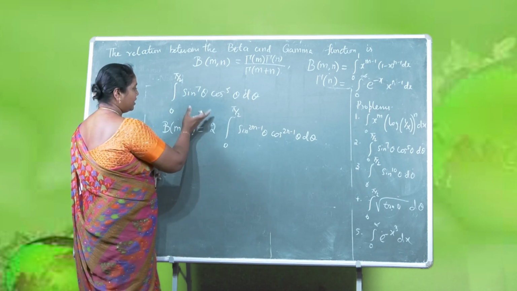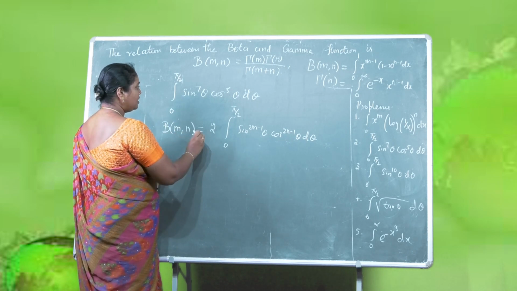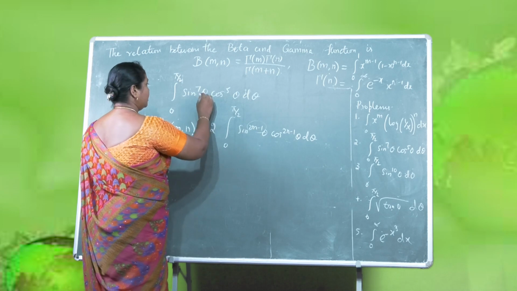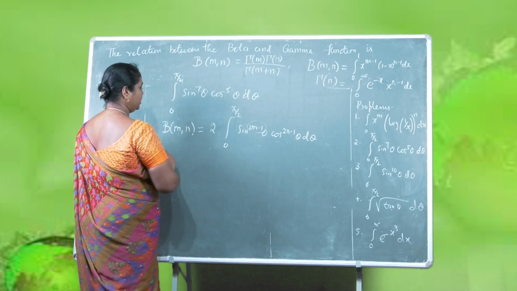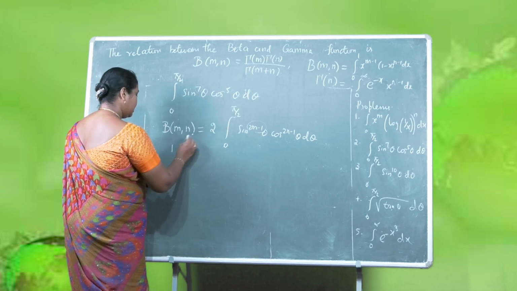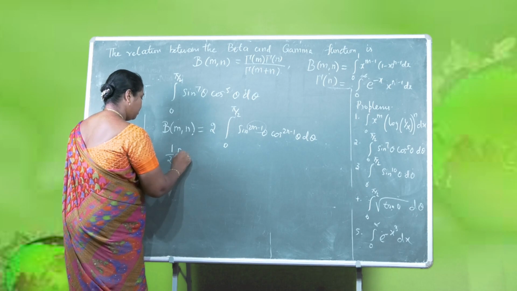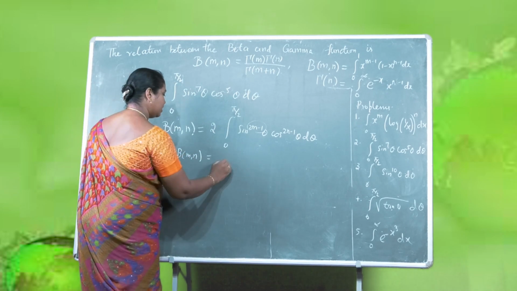What is that? This is nothing but exactly a type of beta function, having some constants in the powers of cos and sine. So let us compare these two integrals. Before that we will do some little calculation. What is that? That is 1 by 2 times beta of m comma n is equal to this integral.